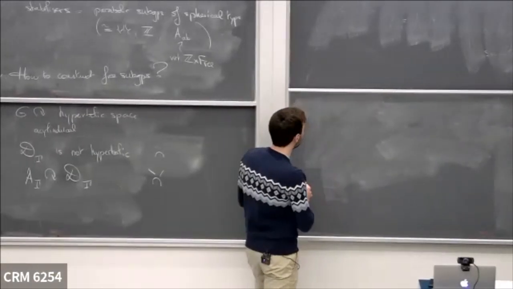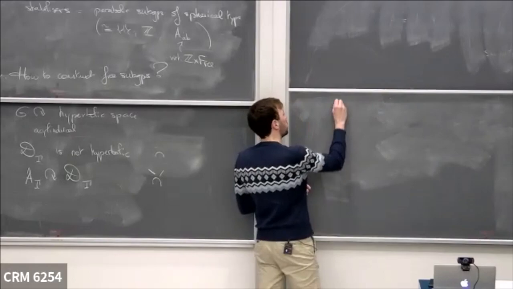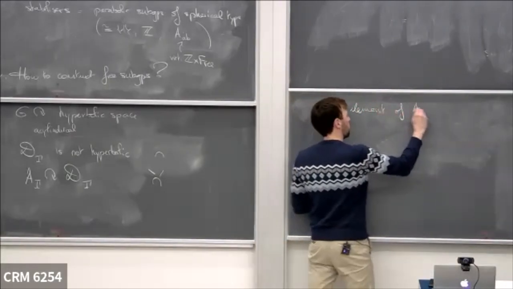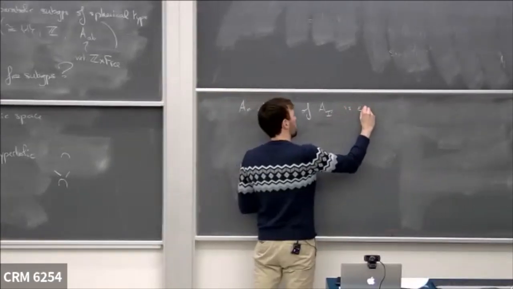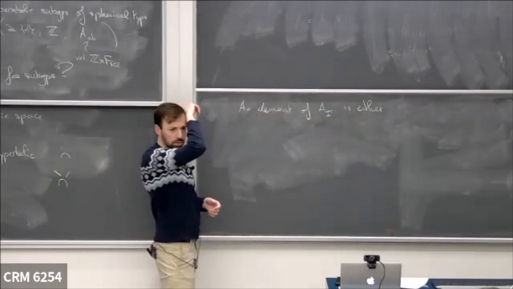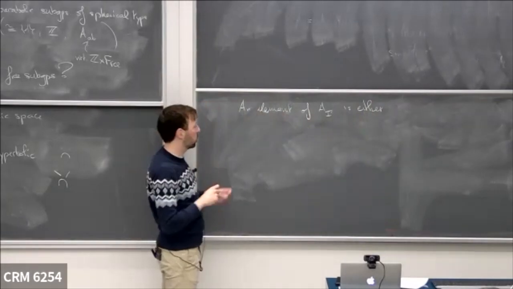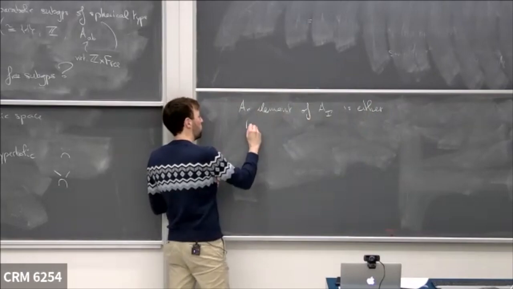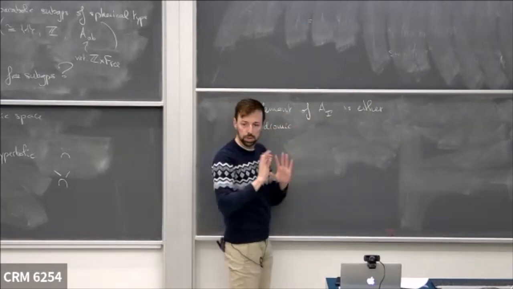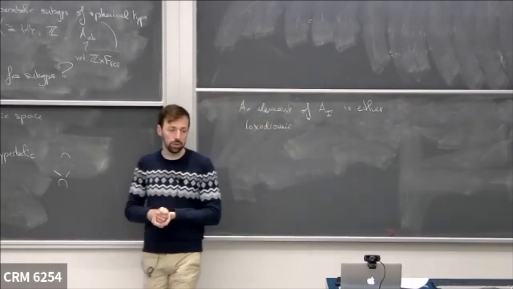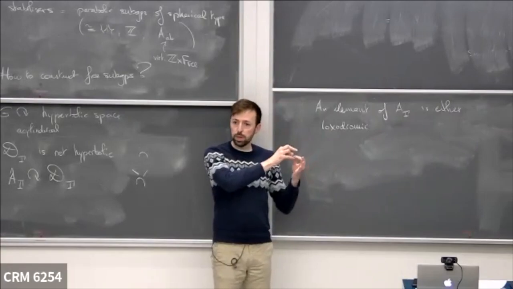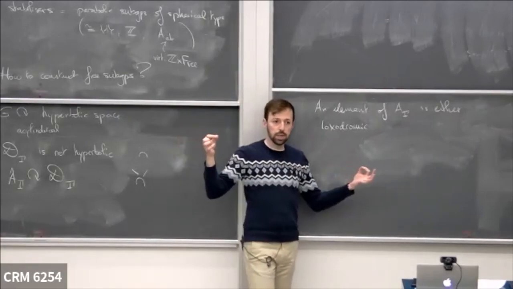Actually, it's not too bad. So an element of A gamma is either, and I'm going to use the same convention as in Anne's course, loxodromic, and when I say loxodromic, it's really for the action on the Deligne complex. So we're really focusing on this action now. So loxodromic, that was defined as the orbits are QI embedded.